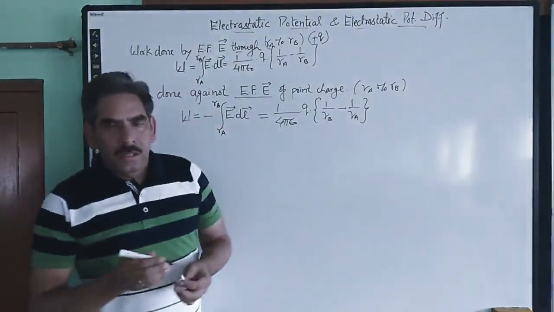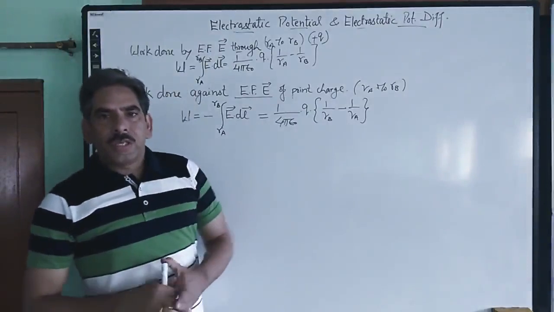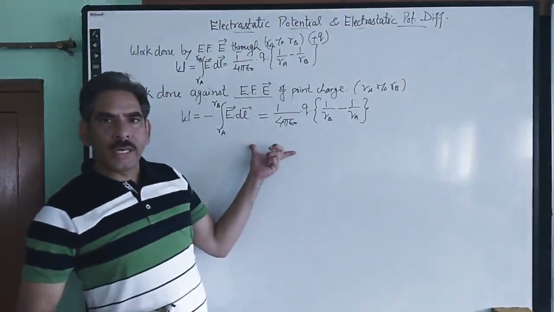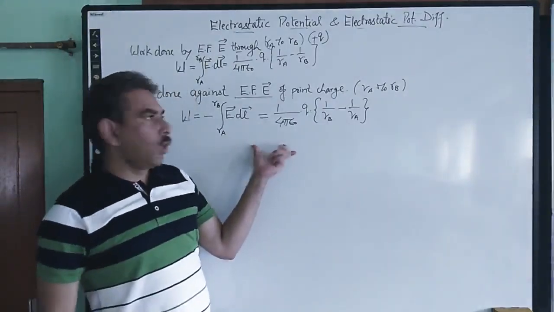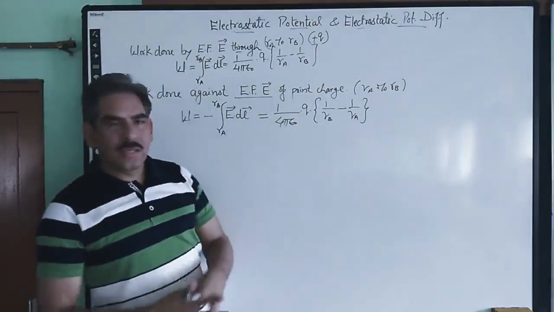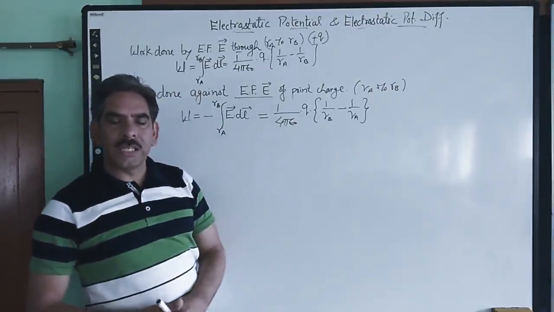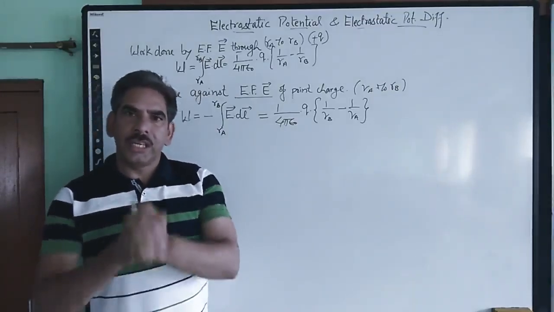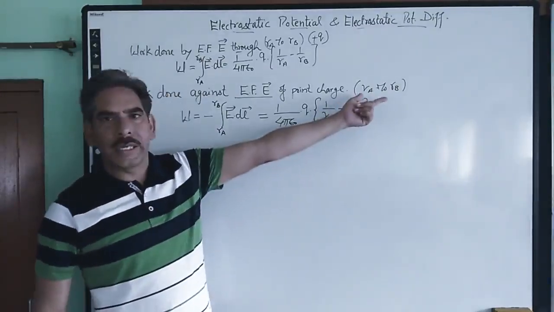Right? So this is about the work done between the 2 points against the electric field of the given charge Q. We call this work done on 1 unit of charge the electric potential difference of the 2 points.